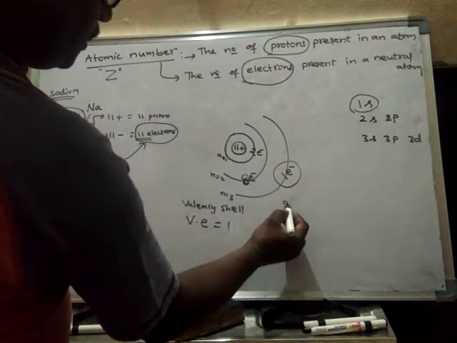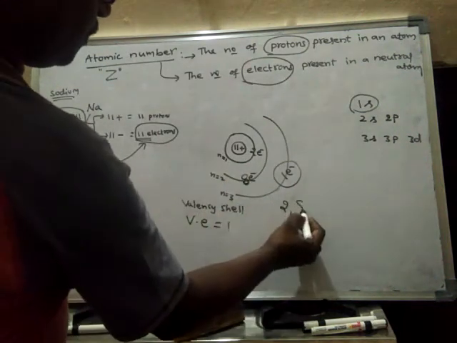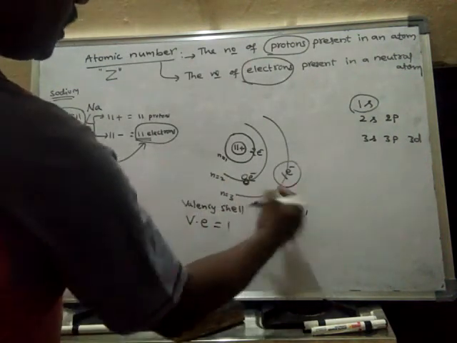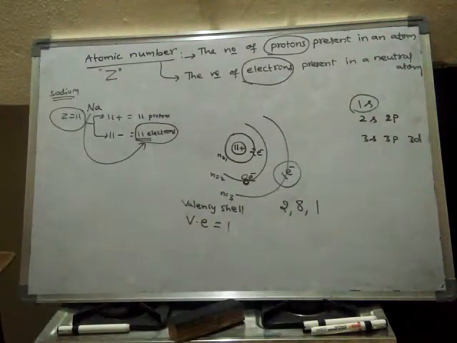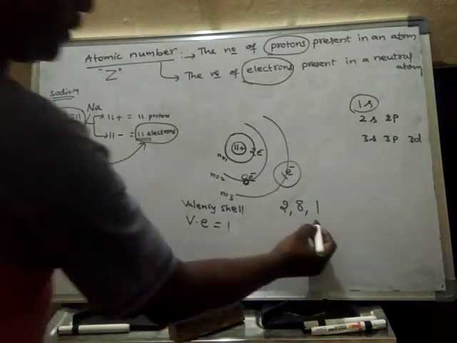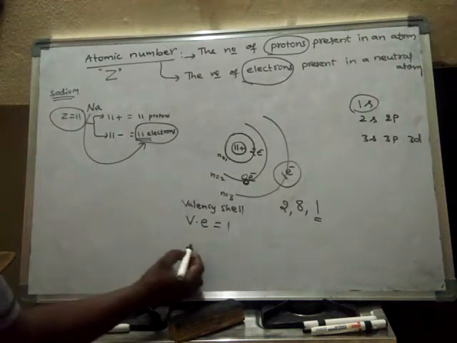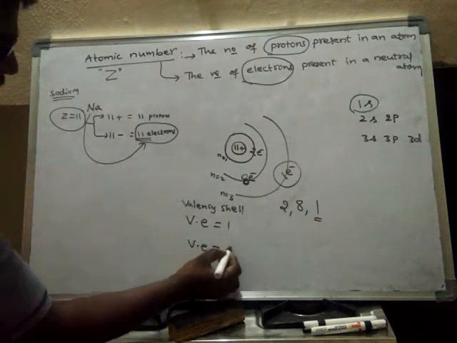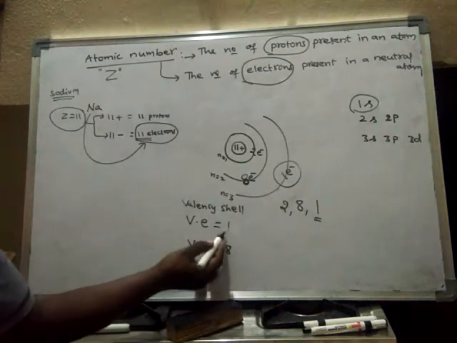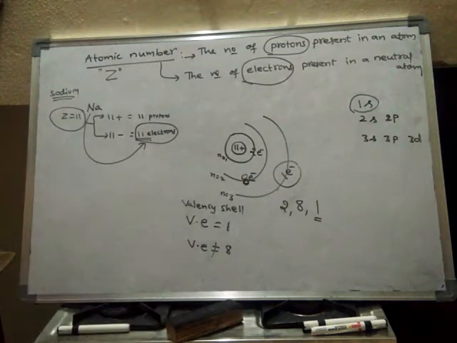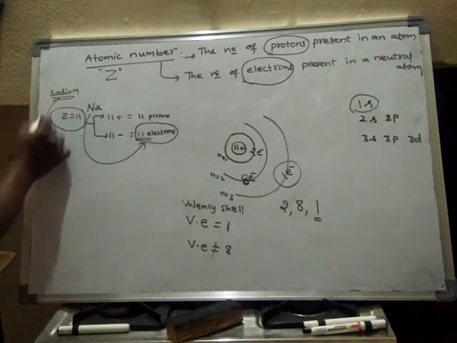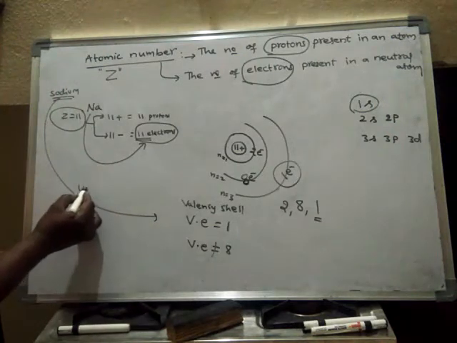So the first orbit has 2 electrons, the second orbit has 8 electrons, and the third orbit has only 1 electron. That means the outermost orbit has only 1 electron. Valence electrons are only 1. Is it equal to 8? No, its number is 1 only. Hence the sodium atom is said to be an unstable atom.